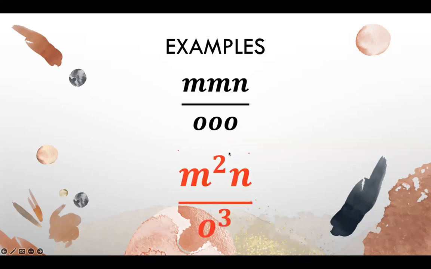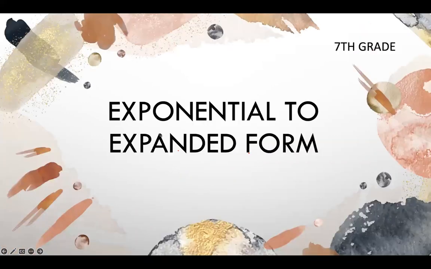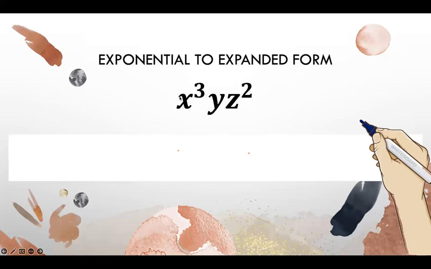Okay, next, let's have the opposite, which is exponential to expanded form. So say for example, we have x cubed y z squared. So we can just simply expand each factor. Let's start with the first variable, x cubed. So our base is x, and it is being repeated 3 times.